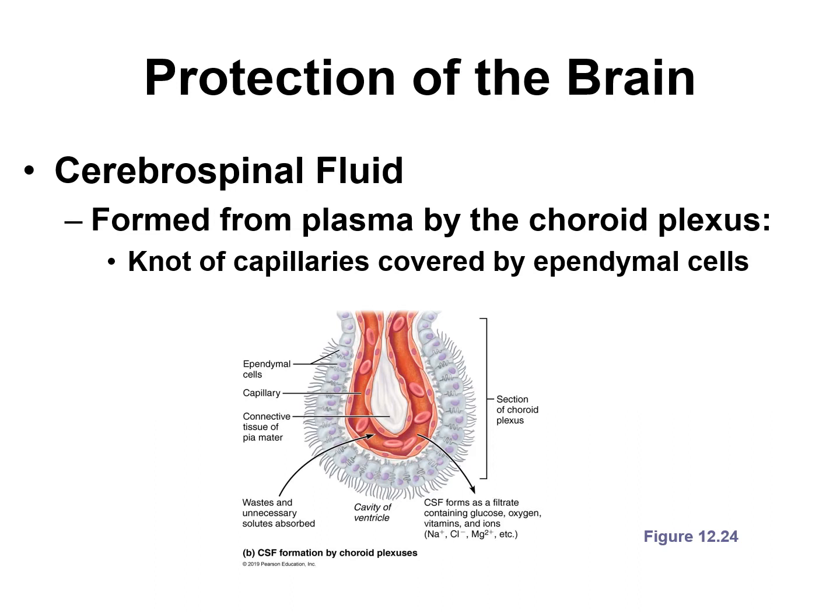In the lateral horns, the third ventricle, as well as the fourth ventricle, you have a knot of capillaries, and these capillaries are covered by the ependymal cells. Remember, the ependymal cells are those glial cells that have cilia.